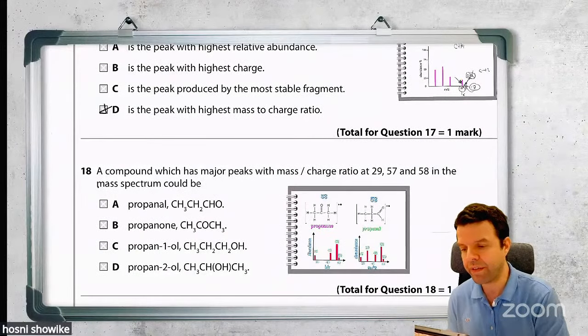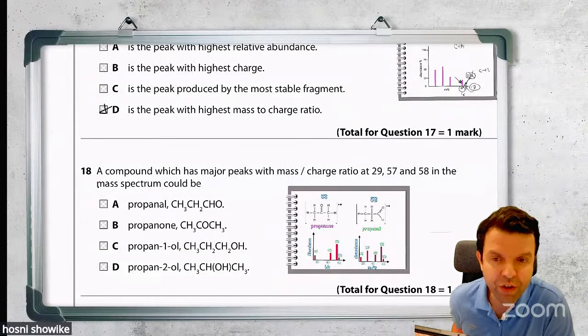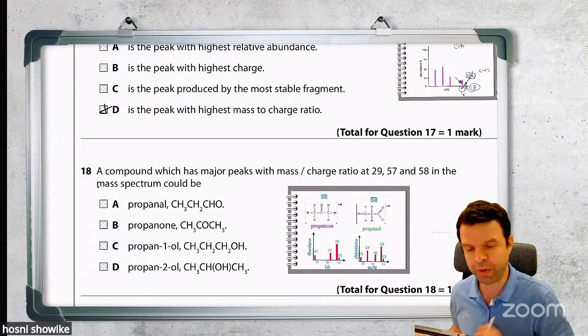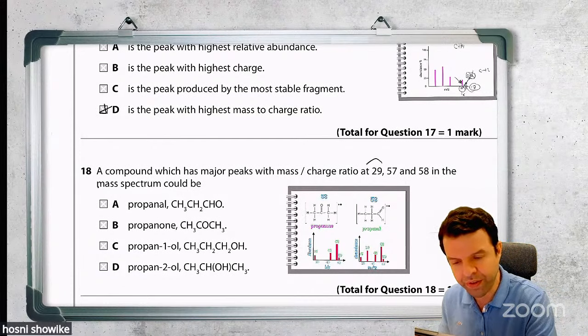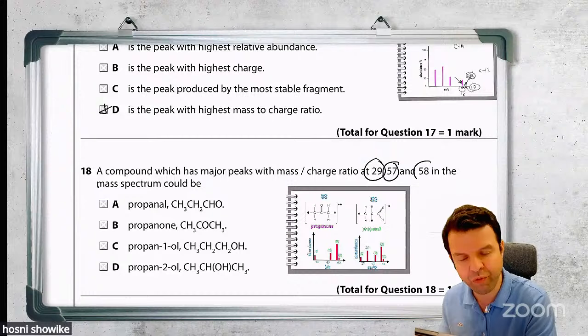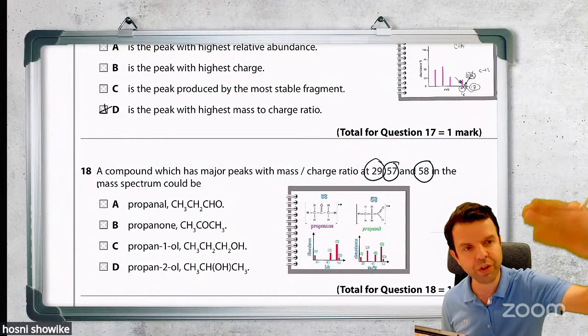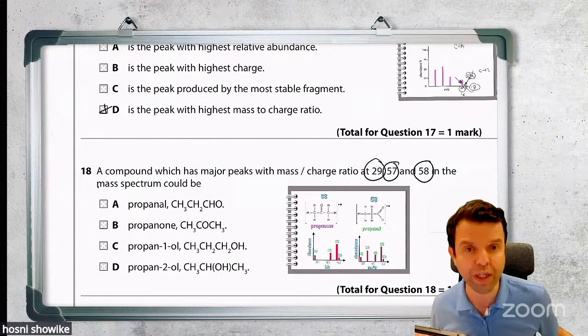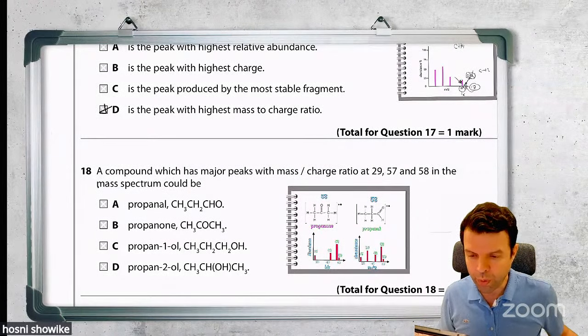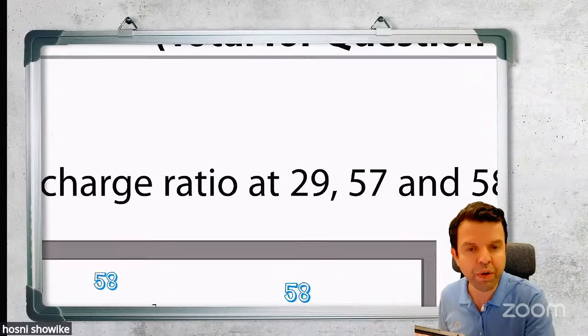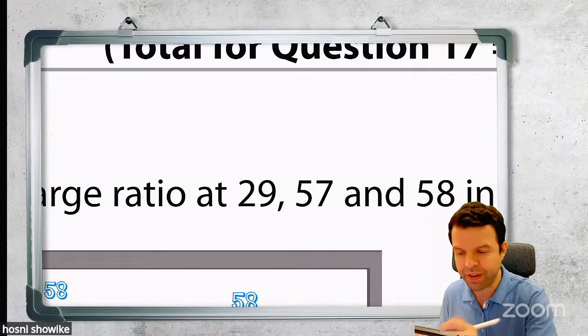For 18, they're giving me the fragmentation of some molecule where 29, 57, 58, again, we have some molecule being cut into fragments, and we are to identify it. When we took this lesson, I told you to remember what each one of these numbers represents.